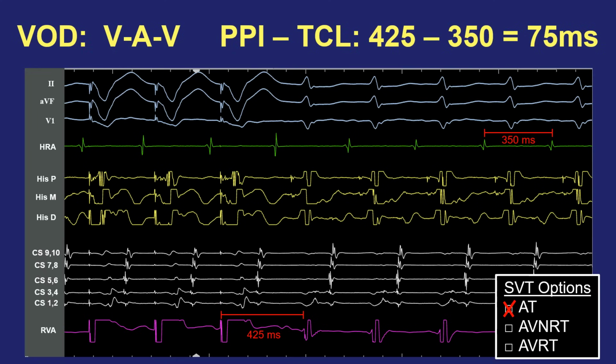That would be consistent with AV-RT, so we can cross AV-NRT off the list because we're pretty close to the circuit, although of course not right in it. So we've made the entire diagnosis with this ventricular overdrive pacing maneuver, looking at the VAV response and looking at the post-pacing interval in the right ventricular catheter.